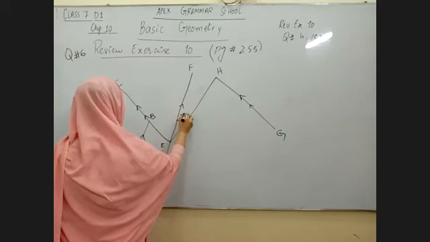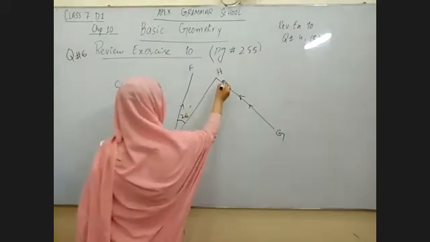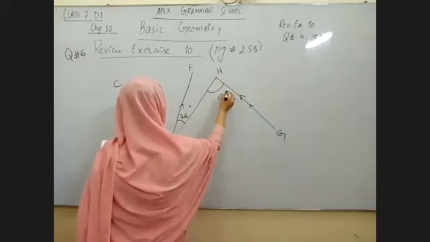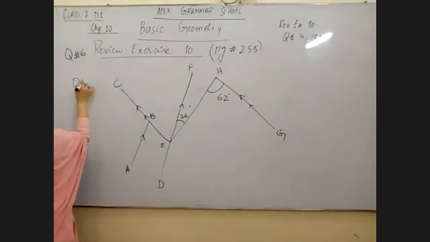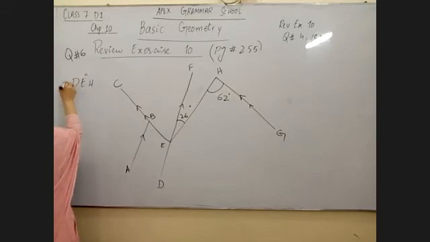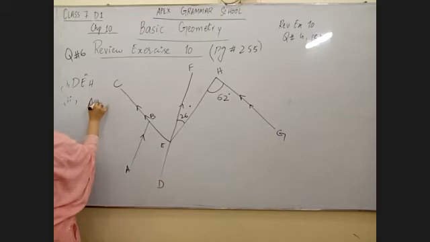The angles are 26 degrees and 62 degrees. What we have to find in question number 6: DEH in the first part, and in the second part you need to find ABC.